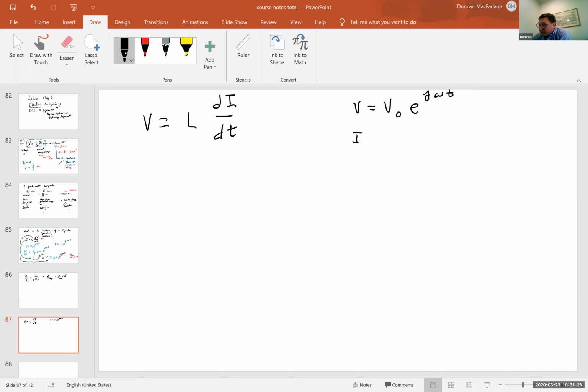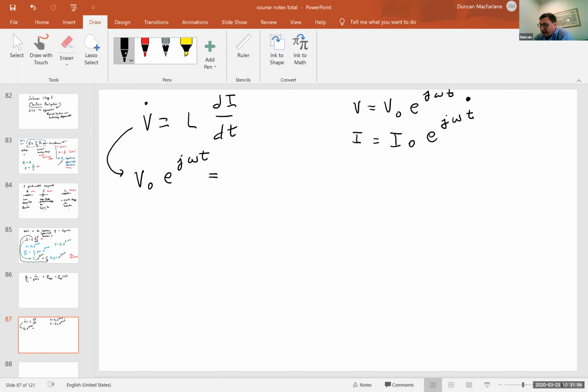It follows that if the voltage is sinusoidal, then the current will also be sinusoidal. And if I substitute this in, so this equation here into the voltage gives you this.